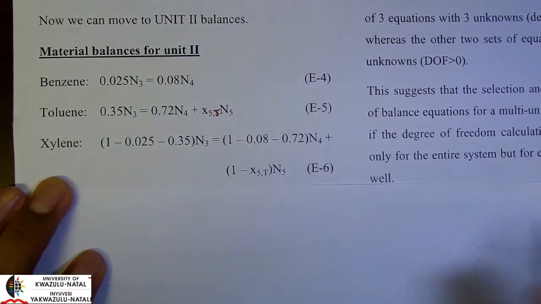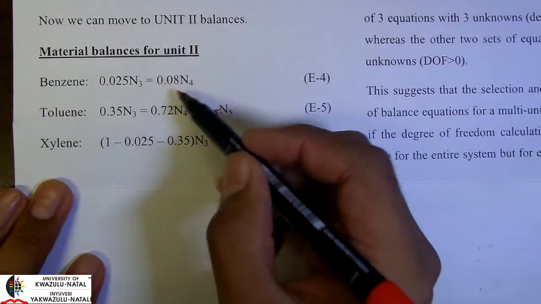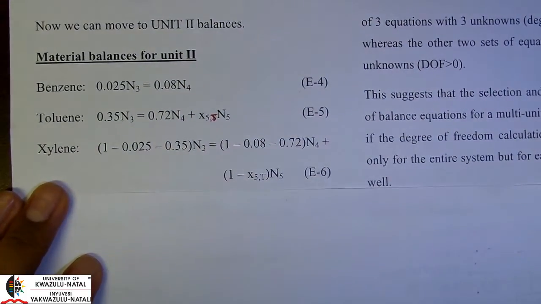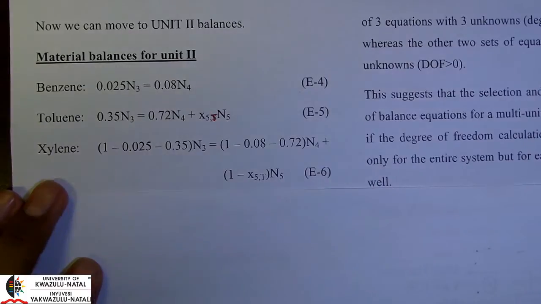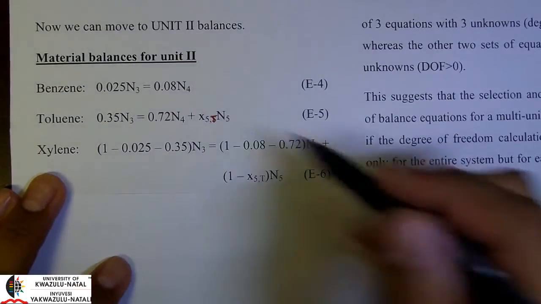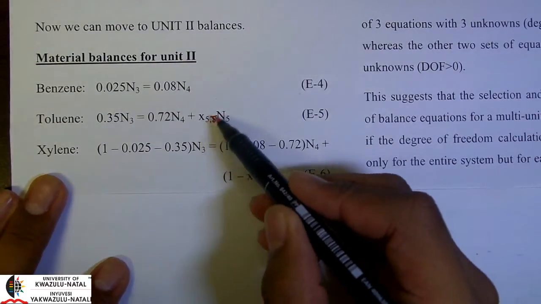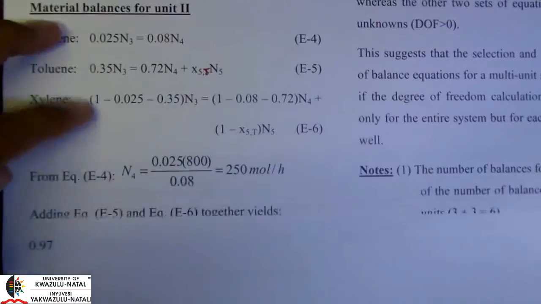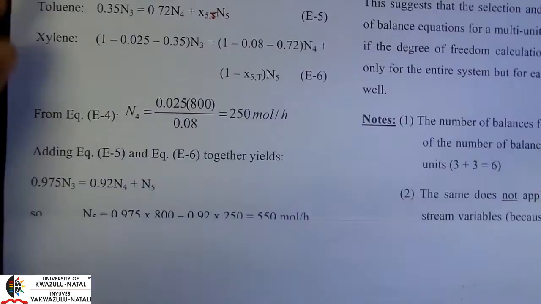From this balance, it's very easy to obtain N4 using the benzene balance. Thereafter, we need to solve for X5T as well as N5, and we can do that simultaneously.